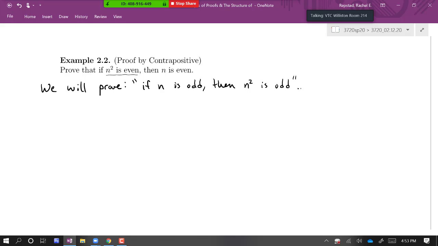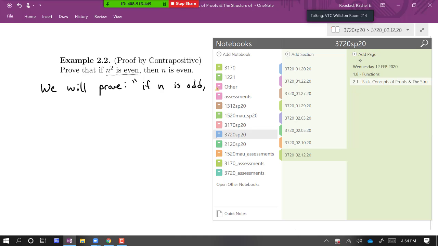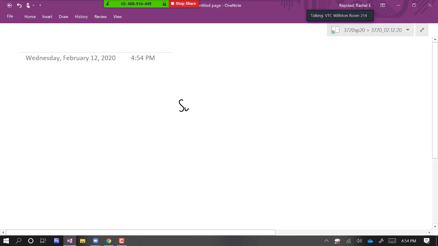The reason that I would definitely not try to do this directly, or we would run into a brick wall immediately, is because if I try to prove it directly, let's suppose n squared is even.